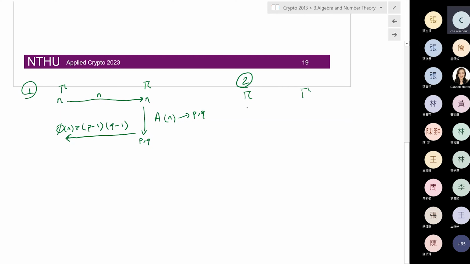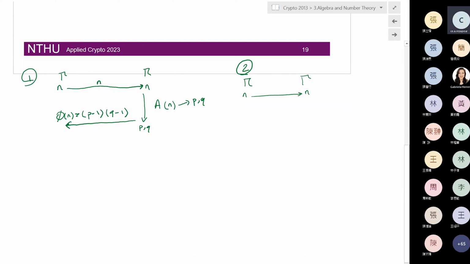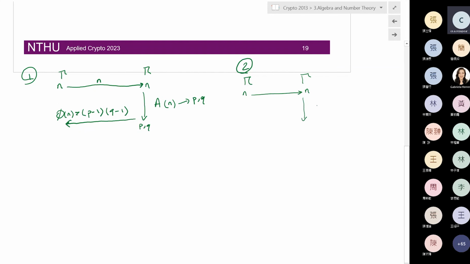That means that on input n, I'll just pass this input to the problem of computing phi n. Now, suppose there is an algorithm B that on input n outputs the phi of n. The question is, is there a way that I can use this phi n to compute p and q?